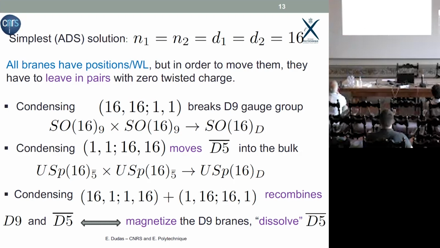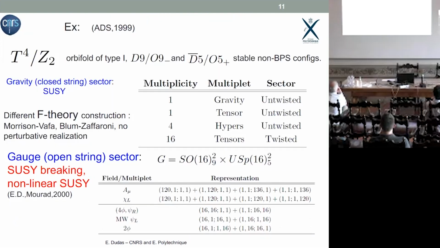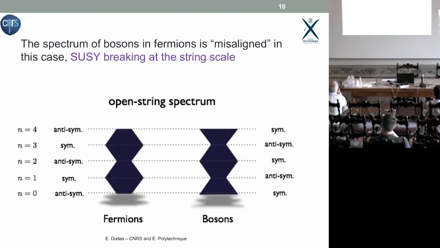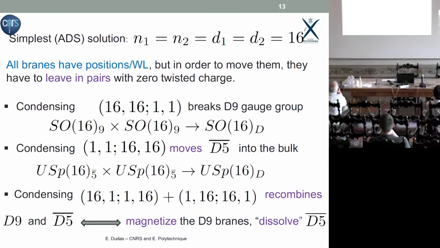Sorry, this I already showed, no? I showed it in the supersymmetric example before. I forgot. So this I already showed. Okay, good. Why is it like this?